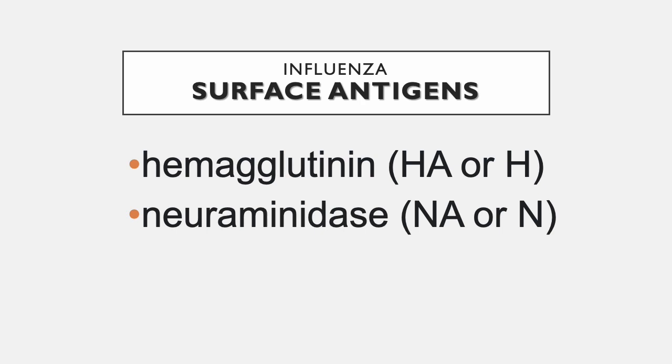Kaya siya H1, ibig sabihin, that's the first type of hemagglutinin. Then, of course, N1, so it's the first type of neuraminidase. So, mas tumataas yung number, ibig sabihin, bago yung presentation nila as compared sa previously identified na antigens.